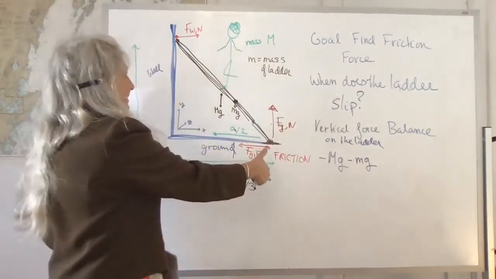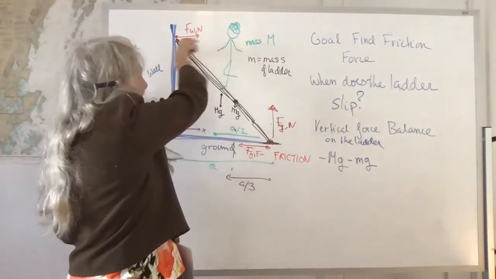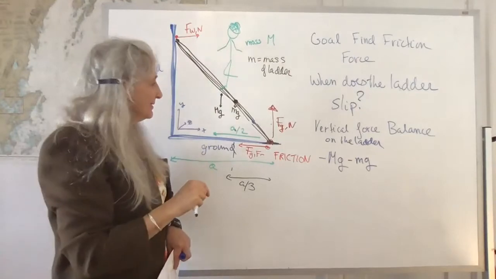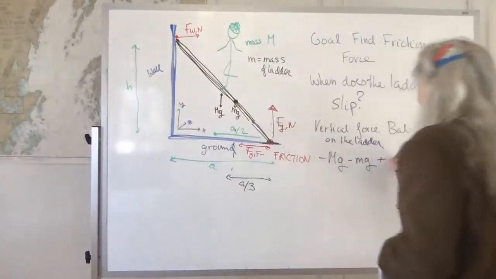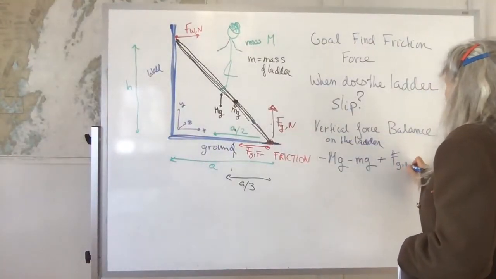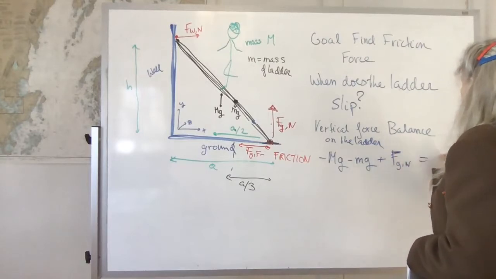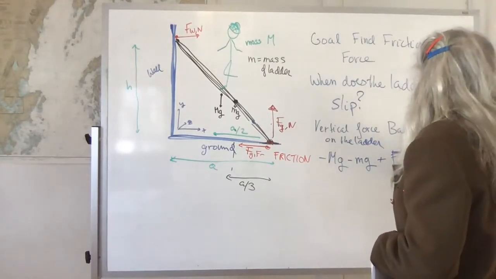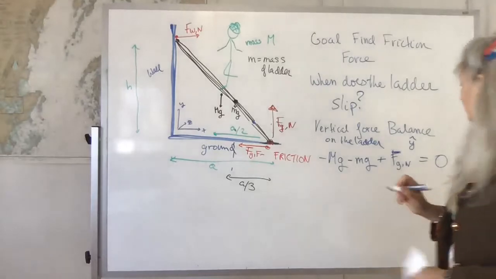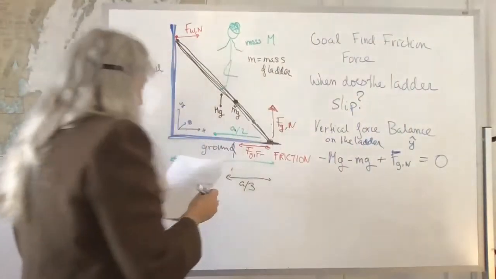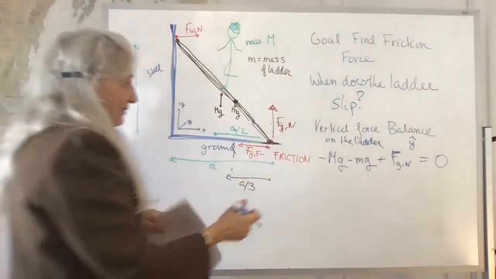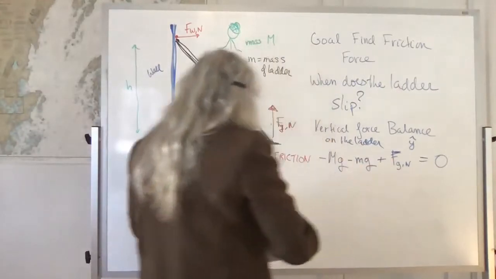And then we have this up. We don't have anything from the wall here because it's only a normal force. And so we have plus F_GN, and this has to be 0. This is all in the y direction because it's vertical force balance. Okay, good. So now we can actually write a condition.